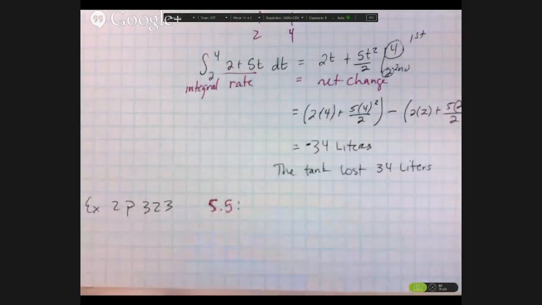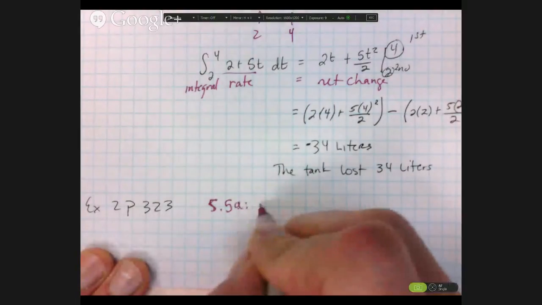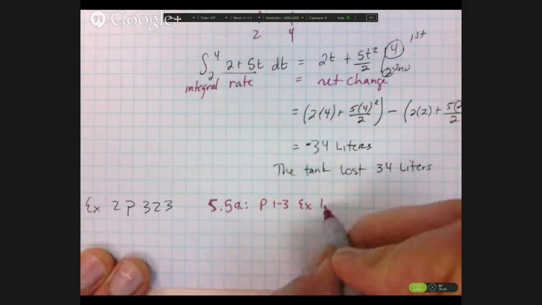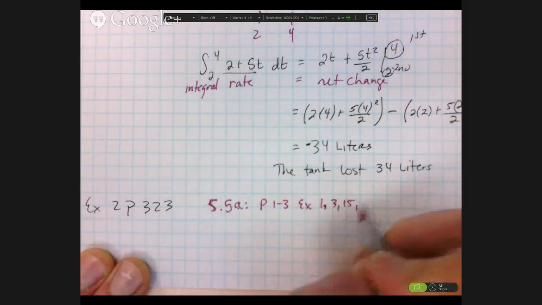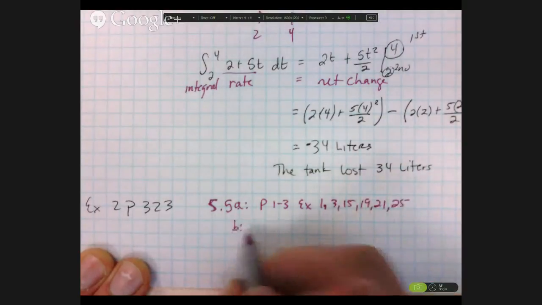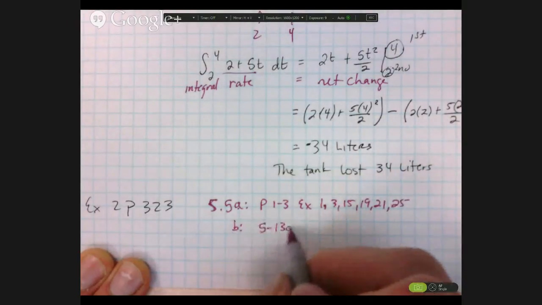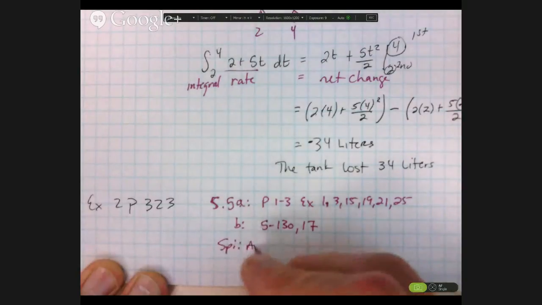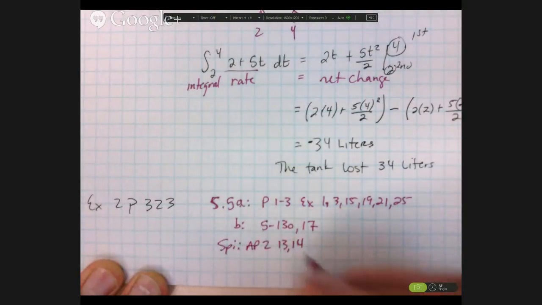Here we go. We're going to have a few more examples tomorrow, but this will get you started. Here's A. B, and the spiraling. Does that say 1 and 3?